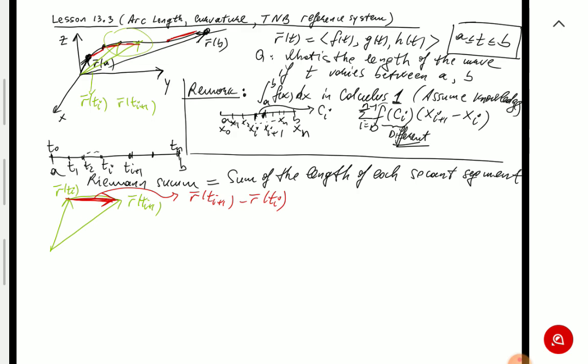Now I'm interested, of course, in the length of the curve. I'm trying to approximate the length of the curve. So of course, in the Riemann sum, I'm going to have to add the magnitude of this difference of these two vectors.